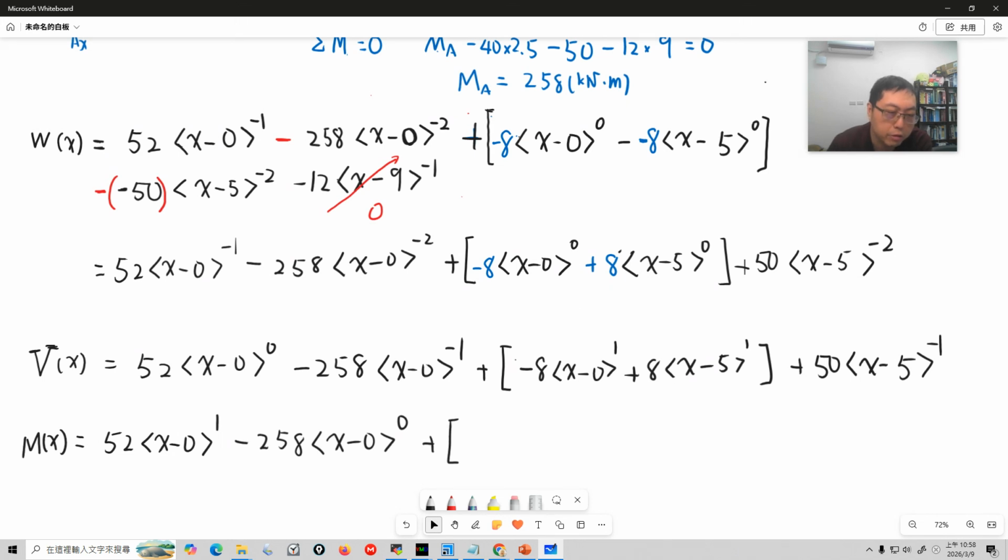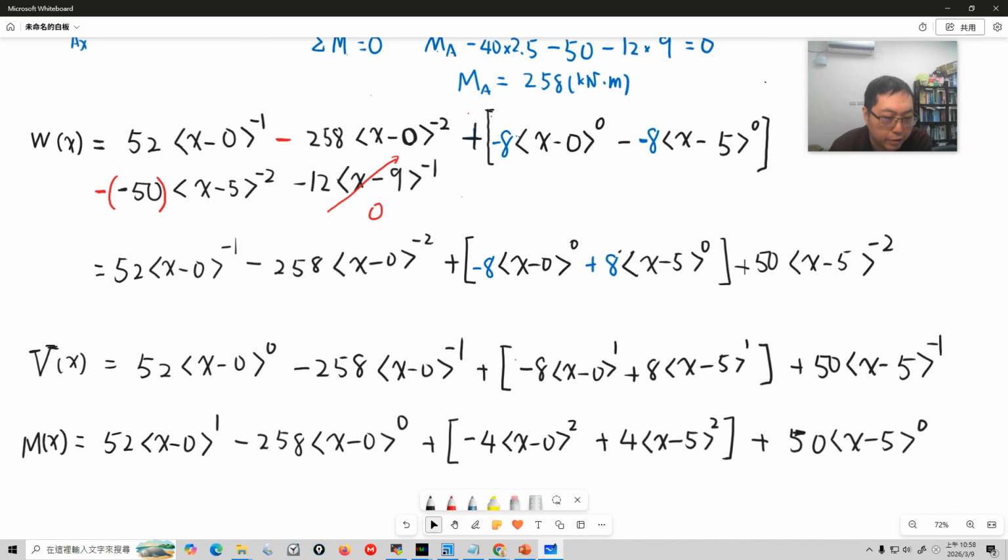In this bracket the power is 1, so use the calculus rule, and it will become minus 4 power 2 plus 4 x minus 5 power 2. And the final one, the power is minus 1, so add 1 to the power: 50 x minus 5, 0.